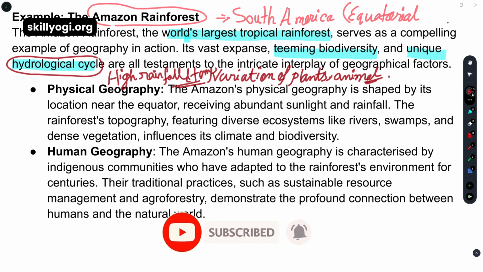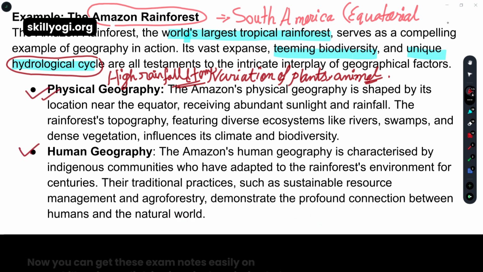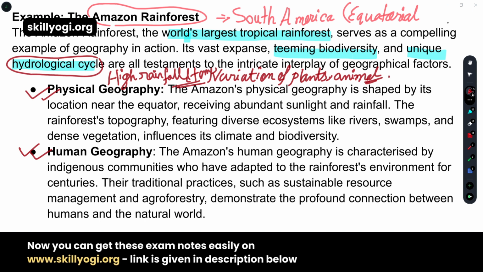Clear? Now come to these two new parts. First one is physical geography and second one is human geography. Physical geography, from the word itself, I think you can understand what it is.